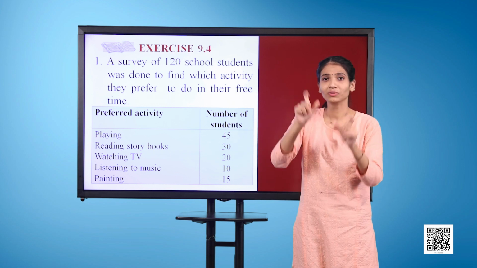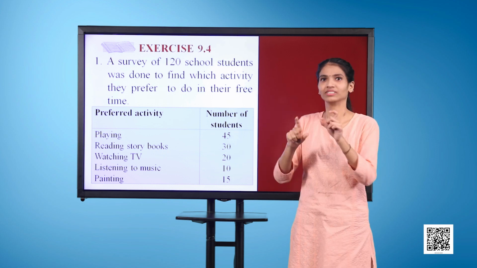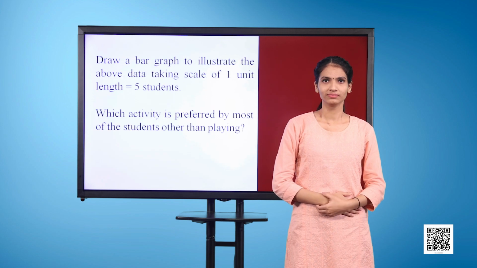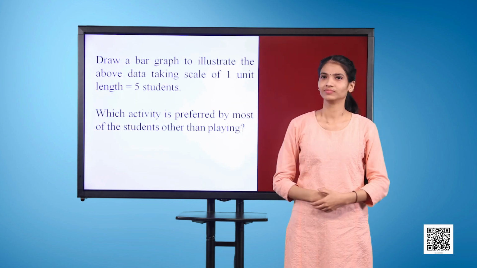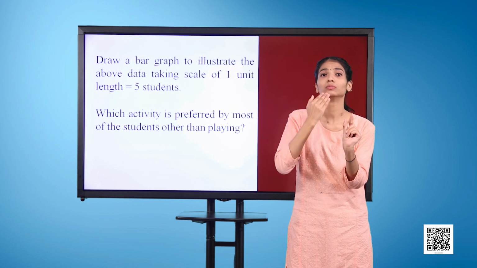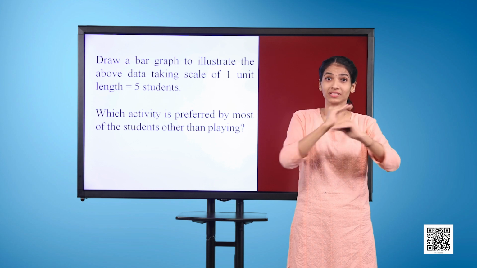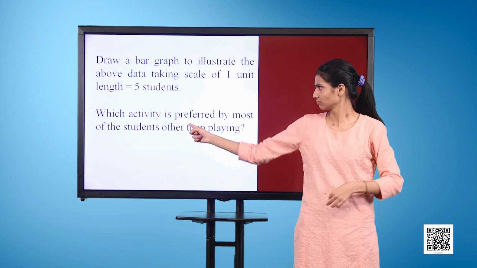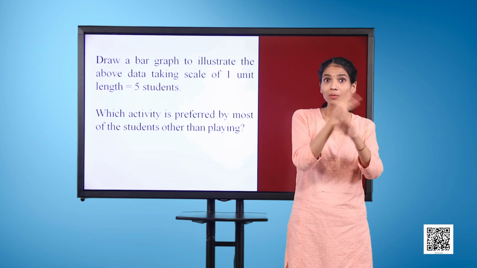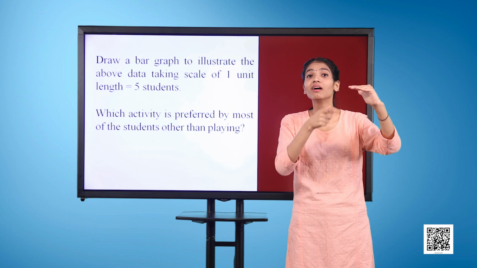Watching TV, 20. Listening to music, 10. Painting, 15. Draw a bar graph to illustrate the above data, taking scale of 1 unit length equal to 5 students. Which activity is preferred by most of the students other than playing?